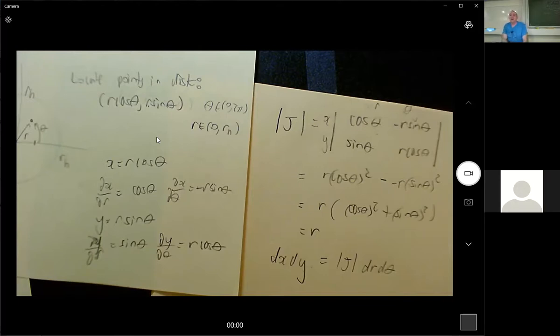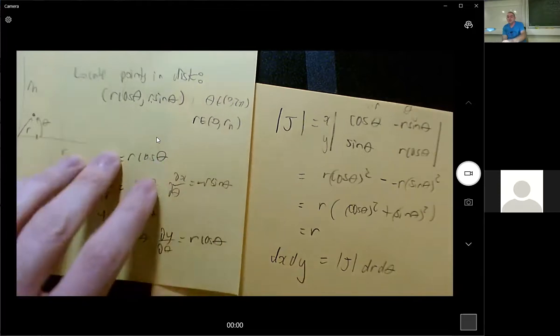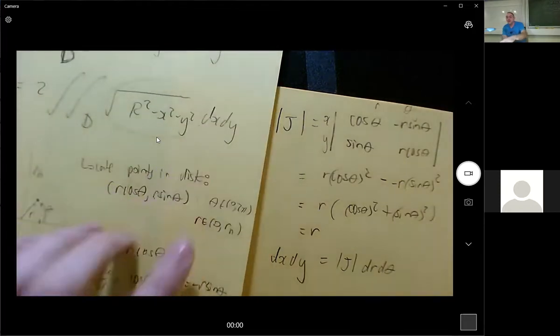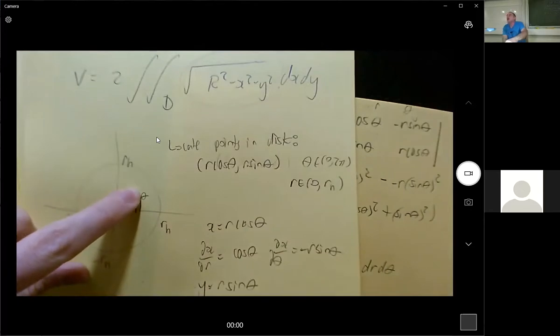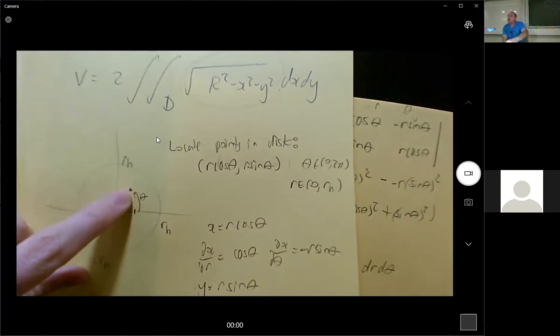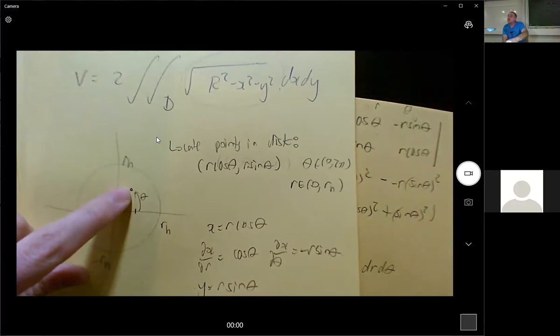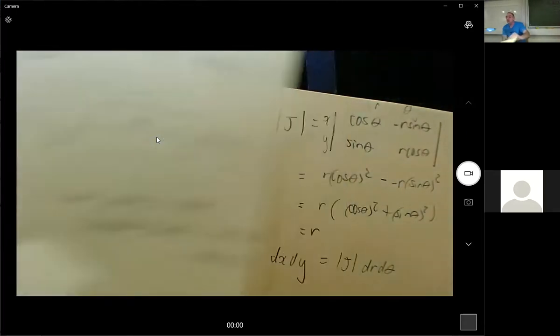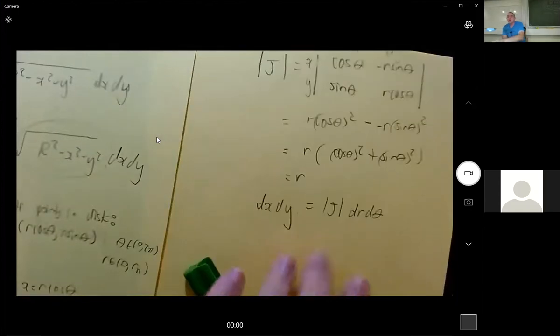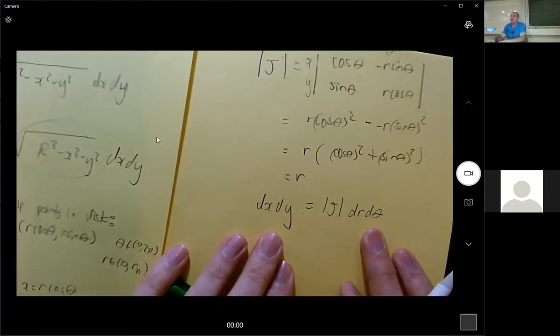The idea of dx dy is thinking that if we're at a particular location and we go a little bit in x and a little bit in y, how much area are we going to pick up when we make both of those changes simultaneously? That's the dx times the dy. But we're saying, well, how is that related to how much area we'll pick up if we change the radius and the theta a little bit? And that's what this is trying to get a handle on.